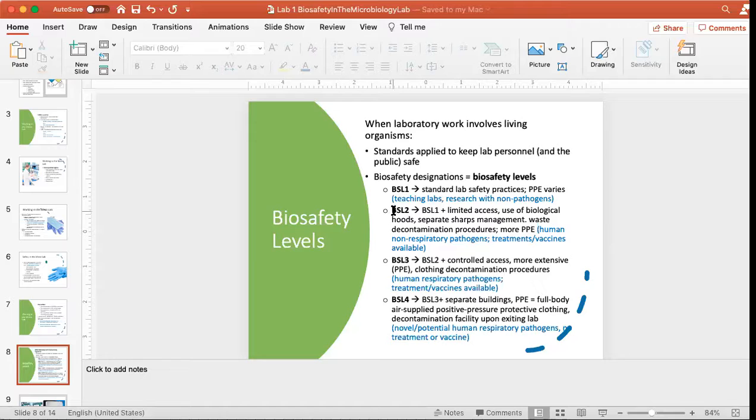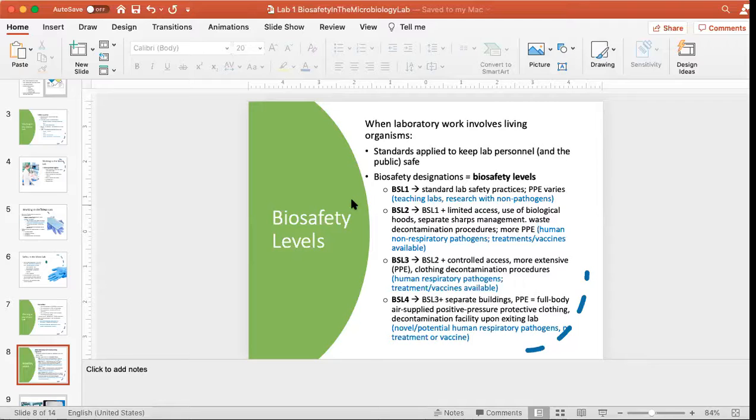If you go up to BSL-2, now you're talking about a laboratory that is dealing with certain pathogens, and particularly human pathogens. But these are pathogens that have very specific characteristics. They are non-respiratory, and if someone were to get infected with them, there are treatments available and/or vaccines available.